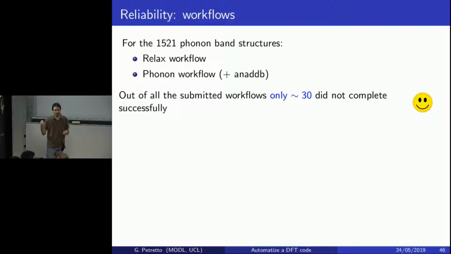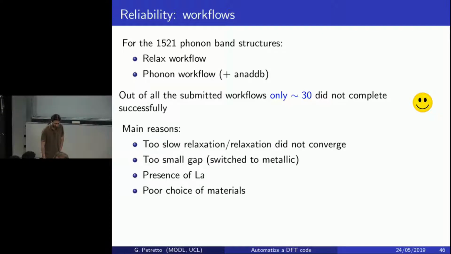So we looked into all the workflows and checked in our database how many calculations were completed and how many were not, and I would say roughly only 30 did not complete at all, even after maybe some human intervention. And if you look at the reasons, these are all completely fine.